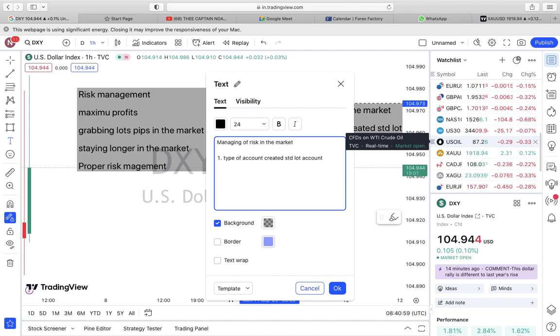Then the second thing you should be looking at is the leverage. The third thing is the SL and TP, which means working under a risk reward ratio.